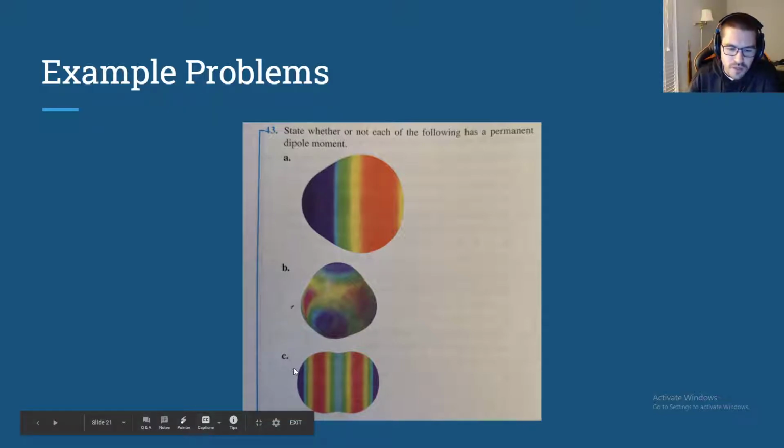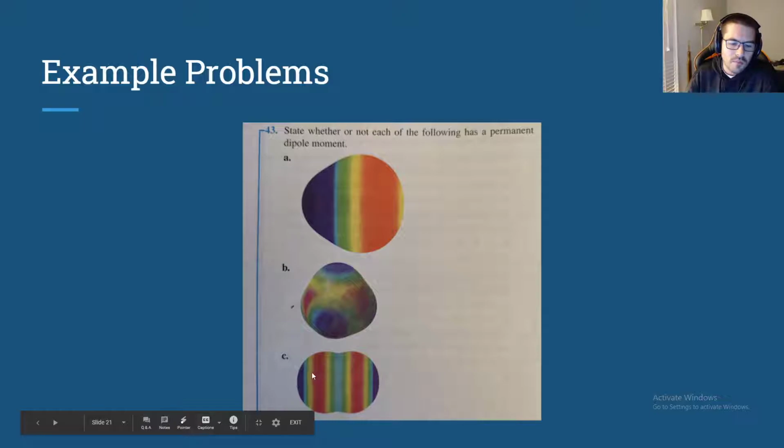It would be best to go to part C. So let's look here. In part C, we still do have blue and red regions, but there's symmetry, right? We've got positive on the end here, positive on the end here, and then negative in the middle. And then it looks like maybe getting towards a positive in the middle as well. Overall, there's no permanent dipole moment, and you really just want to be thinking about the symmetry of things.